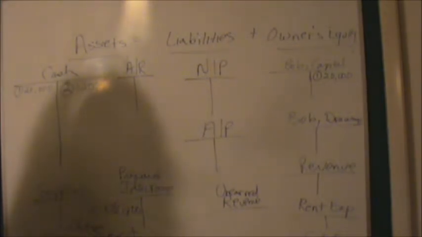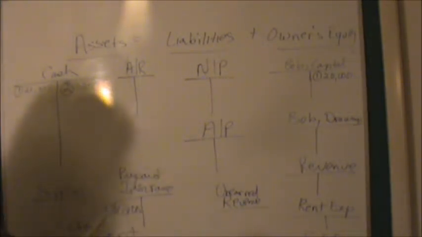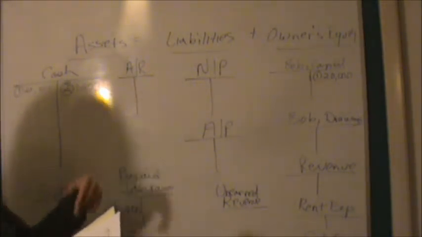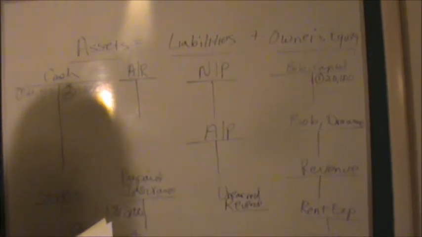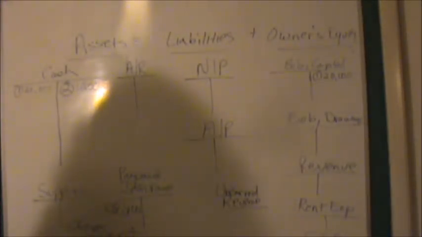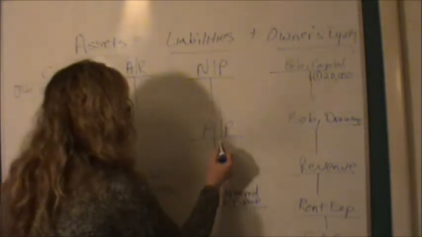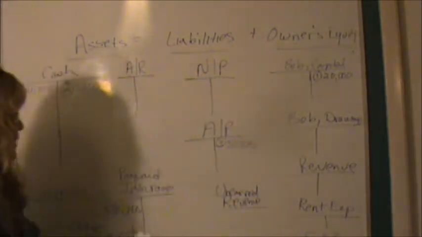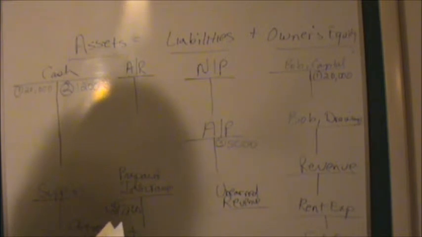And now we're increasing an account, right? We're increasing accounts payable, bought it on account. Since accounts payable is a liability account, it's not an asset account, it's not an owner's draw account, it's not an expense account. So in order to increase that, we've got to credit it, right? So we're going to credit accounts payable.